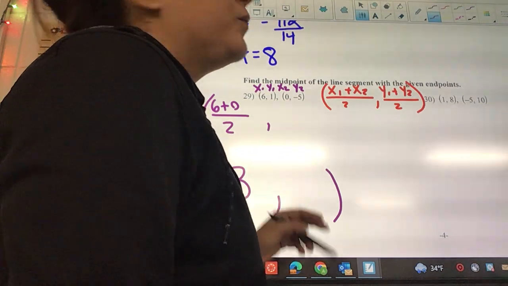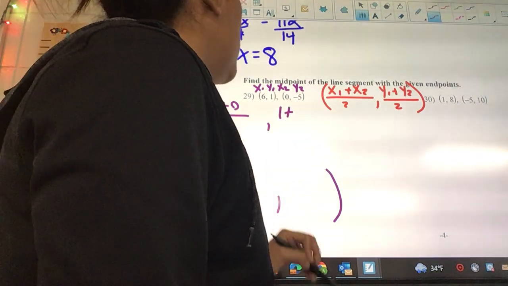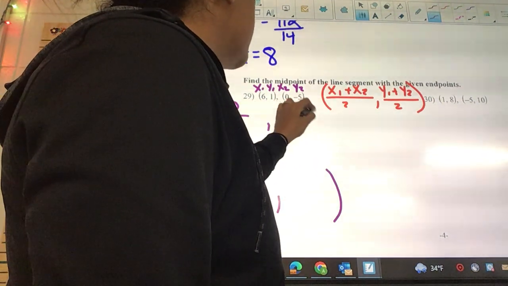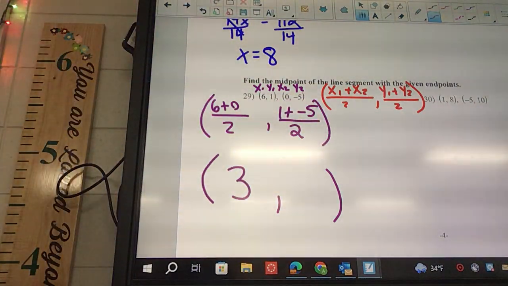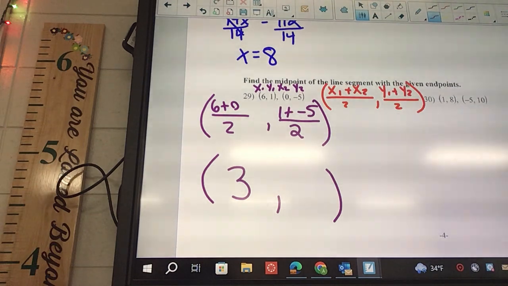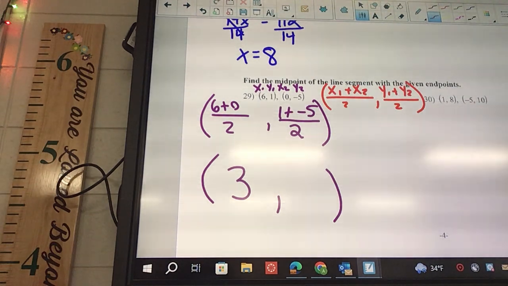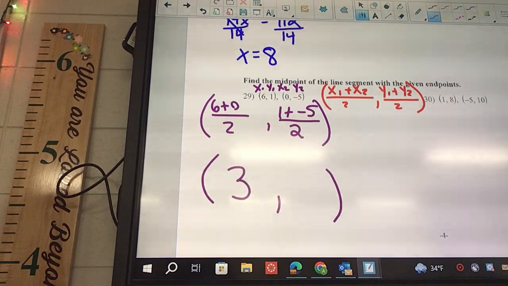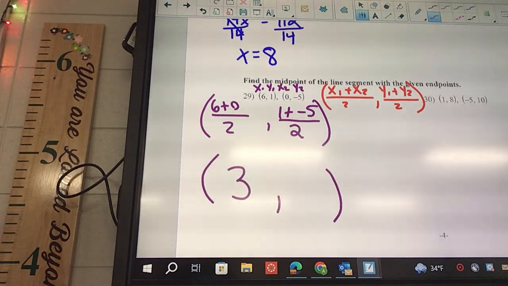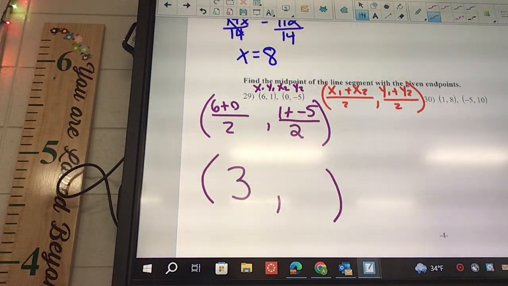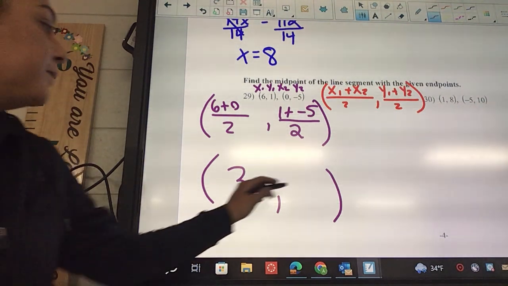What's Y1? 1 plus Y2, negative 5, over 2. Type that in your calculator, see what you get. Negative 2.